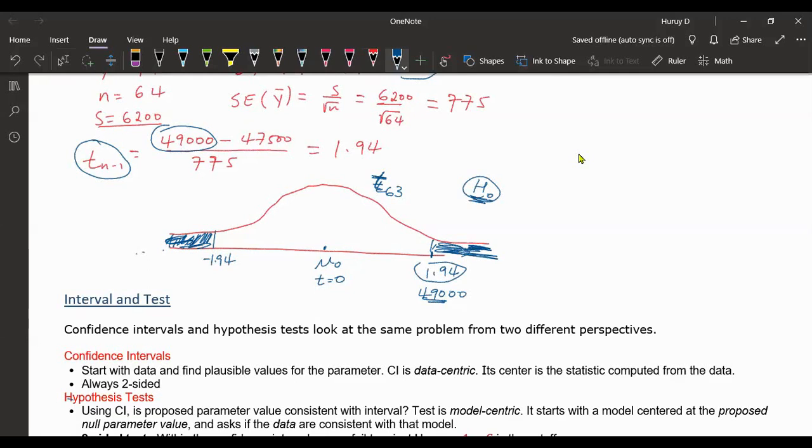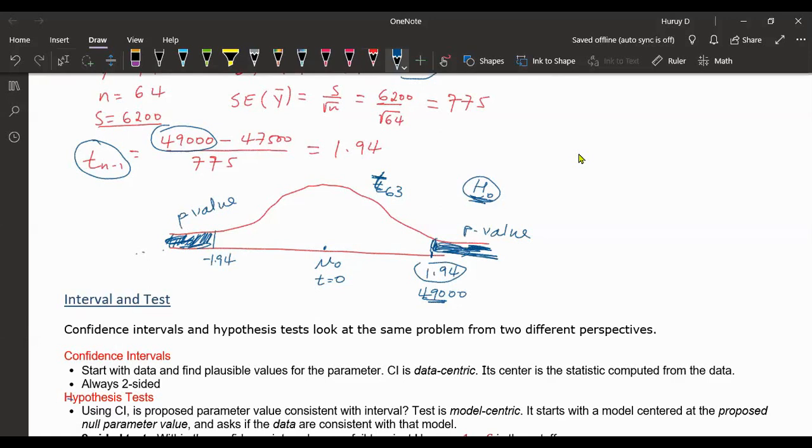It's not that easy to find such samples, and that's why we reject H naught. If the p-value is small, we reject the null hypothesis. Either H naught is not true, or the sample that we have is very unlikely, which means something happened when we obtained our sample. So this is the p-value, of course this is half of it.